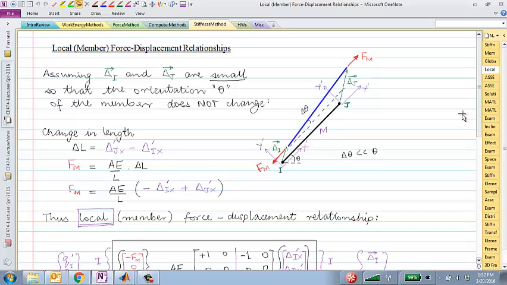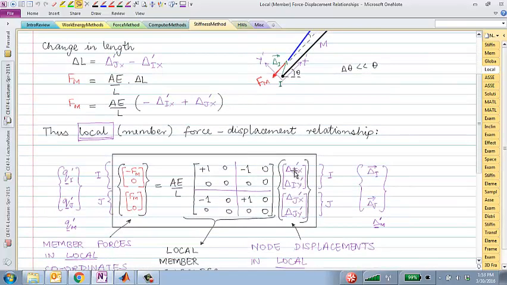So if I'm looking at a particular element in some orientation, then the change in length of the element is governed only by the X prime components. If I have some small displacement in the Y prime components, that does not cause change in length of the element.